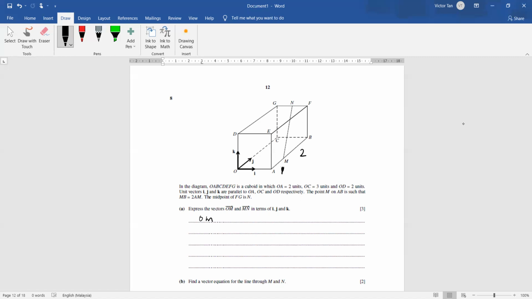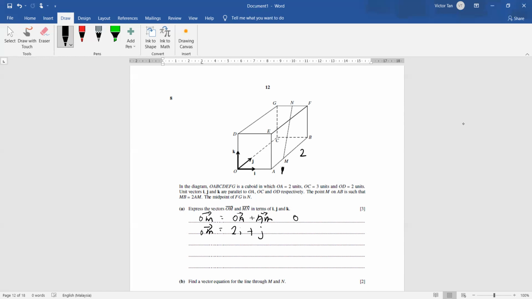Now, paper 3 vectors are like paper 1 vectors now. OA is 2, so this is 2i plus, AM is 1 unit, so 1j. That's it. This is OM. Next is MN.